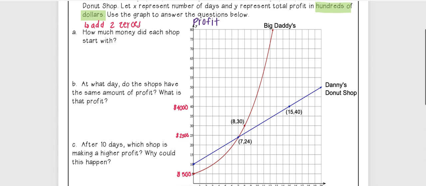Okay, so for part A, it asked me how much money did each shop start with? So I'm looking at the very beginning at 0 days, how much money did they start with? Well, I see for Big Daddy's, the red one, it started with $500. Remember, that's at the 5, but that really means $500.